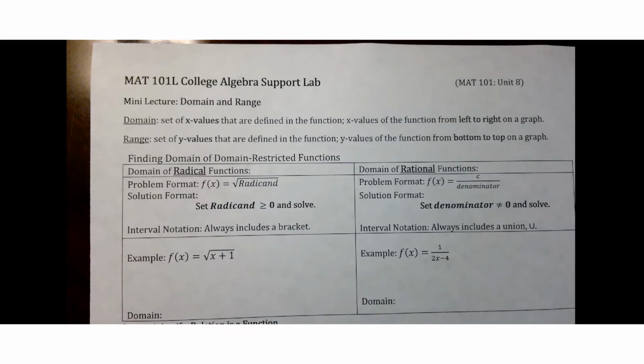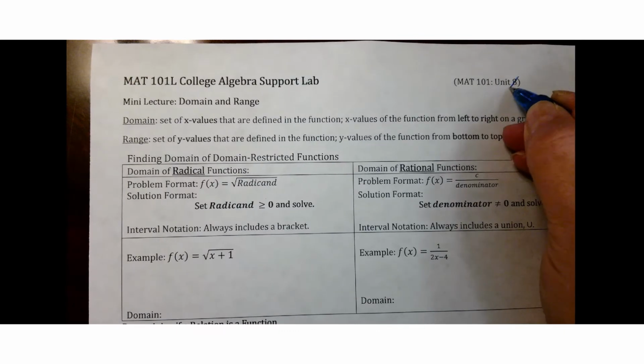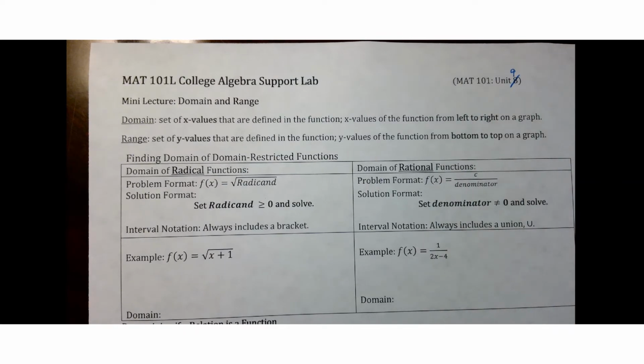So we're talking about domain and range now. We haven't really addressed this before now. We have kind of talked about graphs moving up and down. We've talked about circles that are in different locations. We've even talked about, and this is actually unit 9, I should say, transformations, making things wider and smaller, stretching, shrinking, reflecting, all of those things.